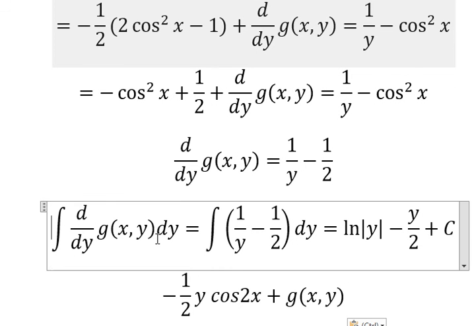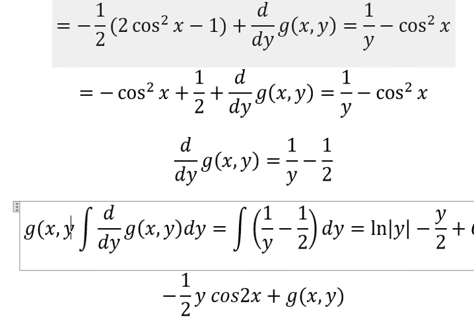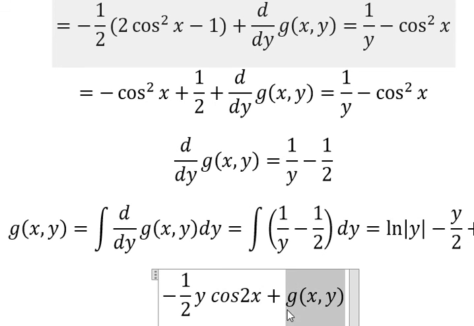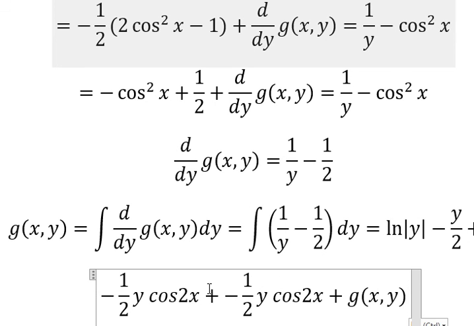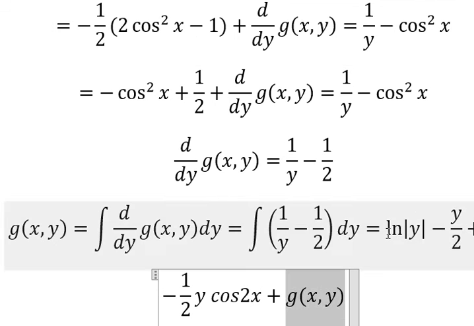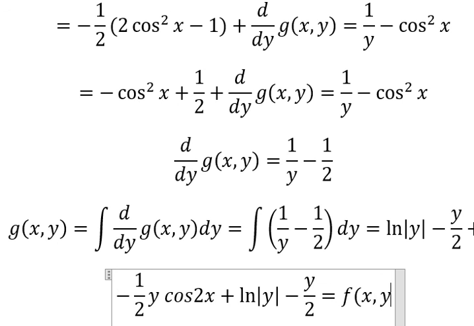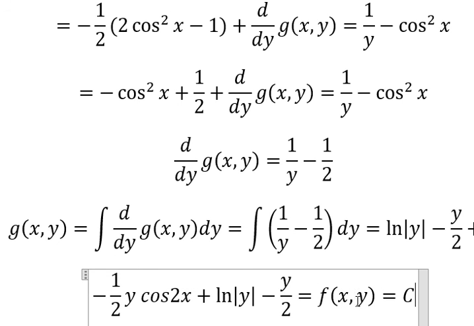So the integration of this one, we have 3xy, and 3xy equals to this one. And we know that this one equals to f(x,y), f(x,y) equals to c.